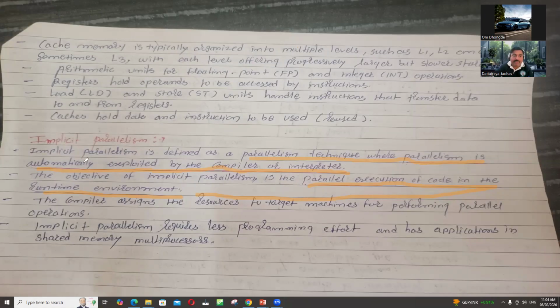So the compiler assigns the resources to target the machine for performing parallel operation. Suppose we require addition of one number. For the second instruction we require a logical operation.